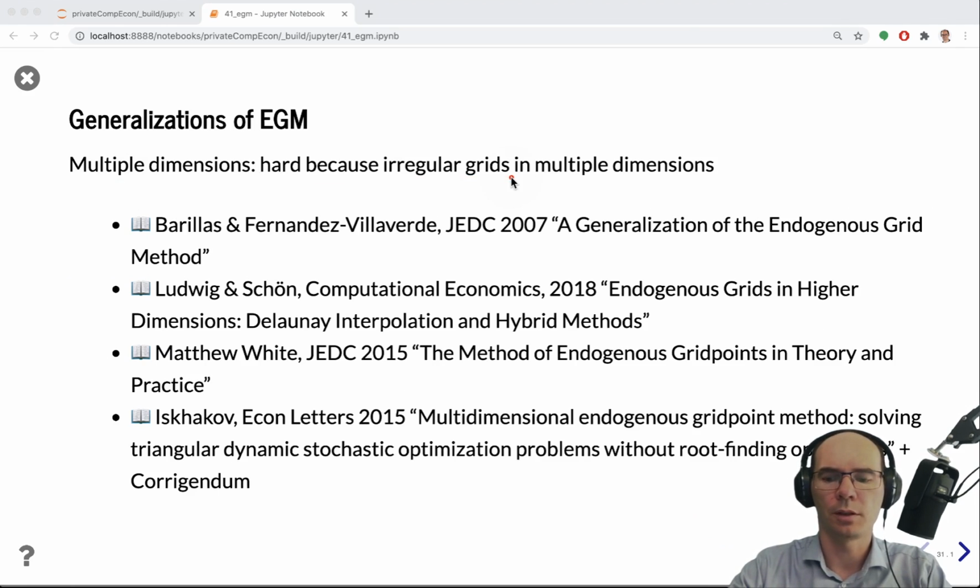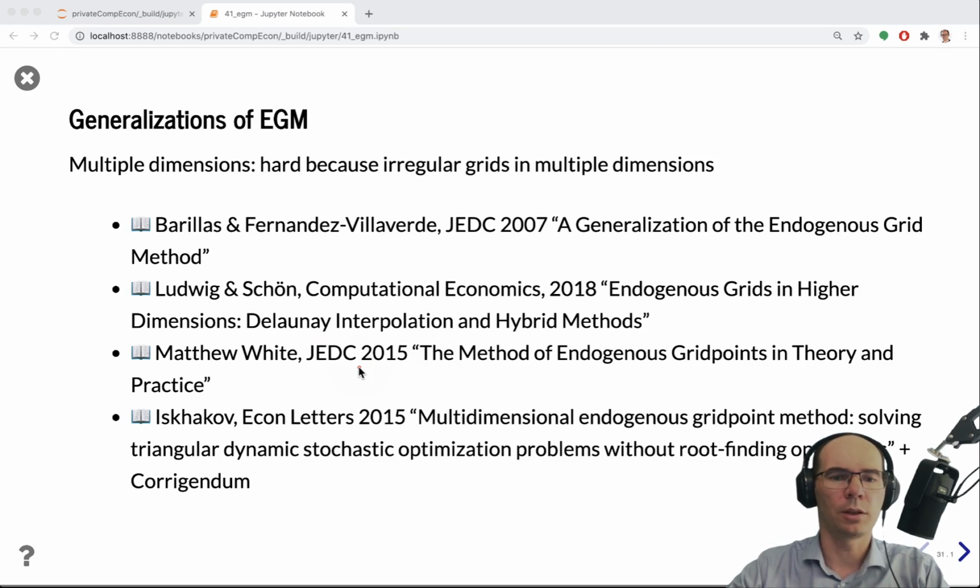So in other words, if we have an irregular, endogenous grid in one dimension, that means that we can just use normal interpolation routines. But if irregular grids happen to be in multiple dimensions, then we have to do something that is called Delaunay interpolation or triangulation-based interpolation, which is a lot more costly. That's in the general case.